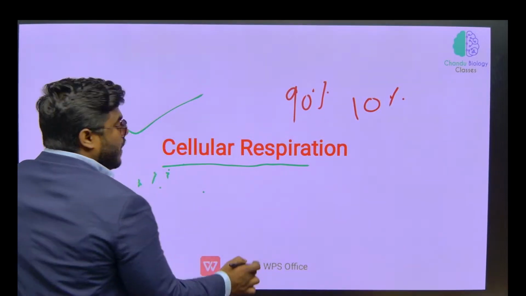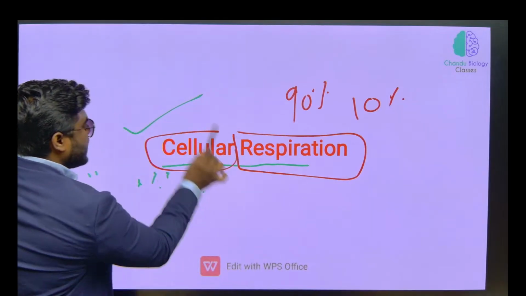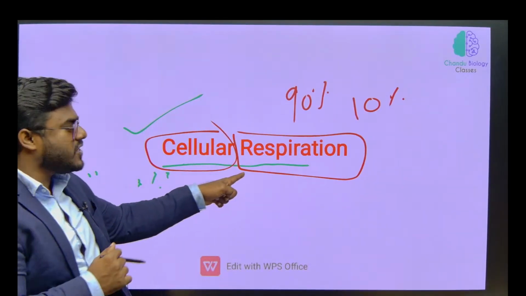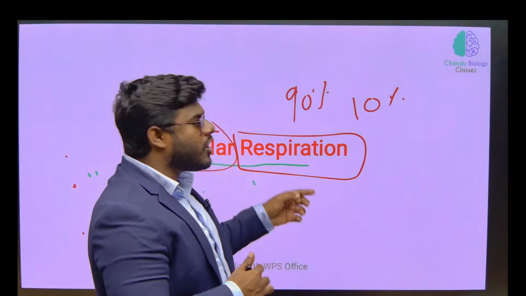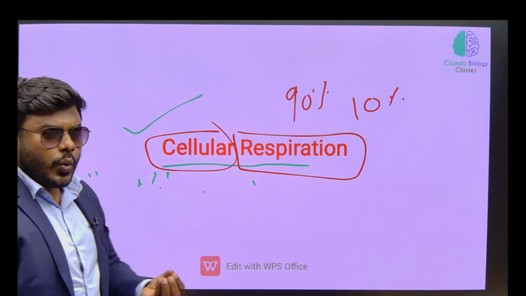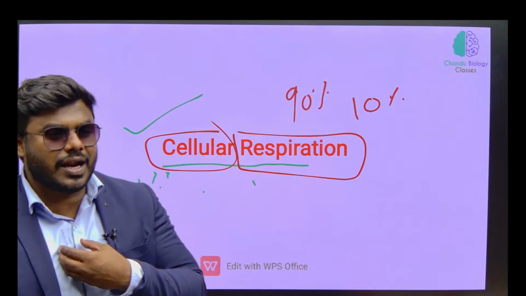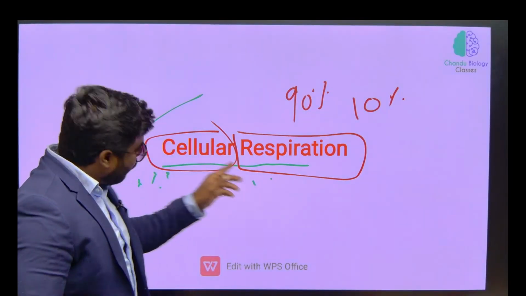Now tell me, Kusuma, what is the difference between respiration and cellular respiration? What is respiration? No, I am asking normal respiration. Exchange of gases. What do we inhale? We inhale oxygen, we exhale carbon dioxide. Exchange of gases is said to be respiration.